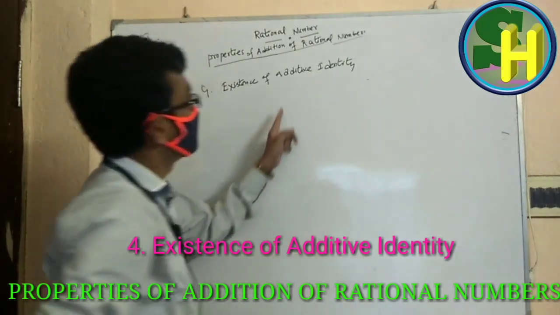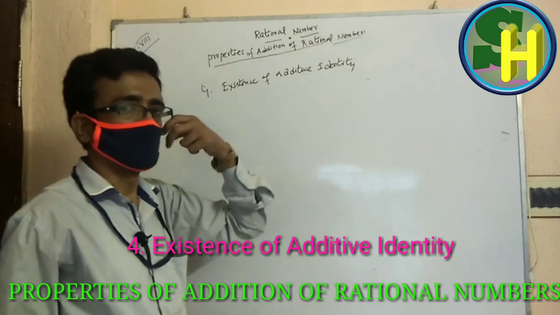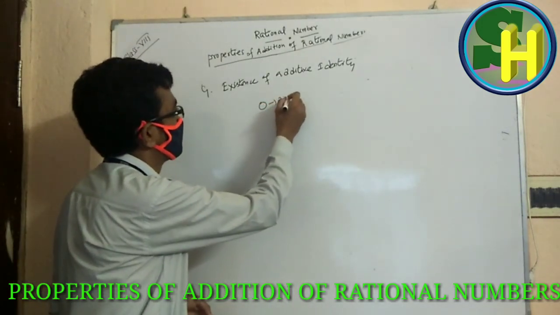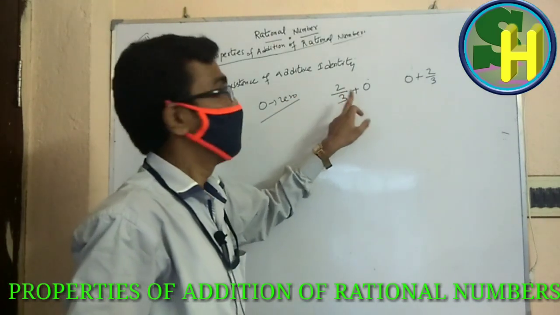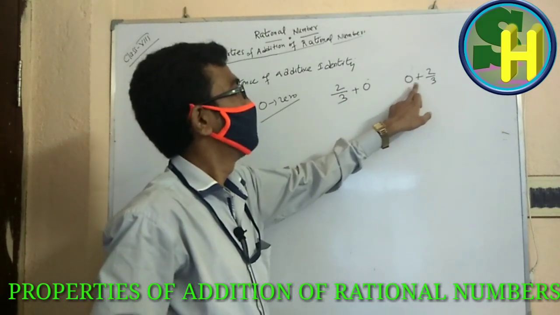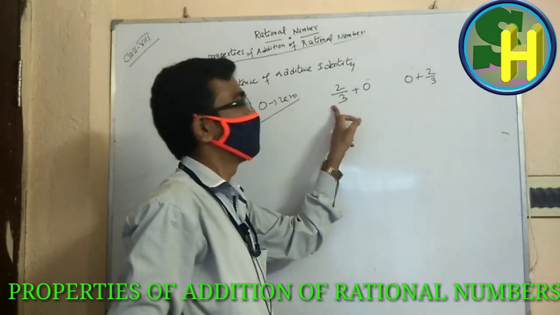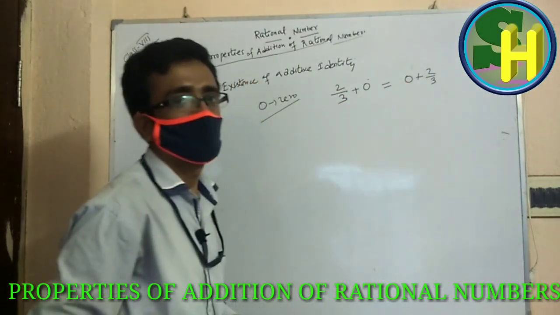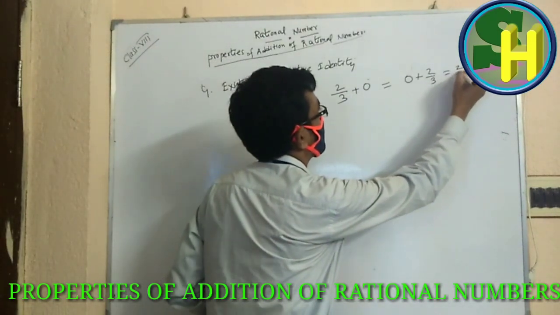Clear? Next is the existence of additive identity, that is the function of 0. Any rational number added to 0, and 0 added to that particular rational number, gives the same value. Take the rational number 2 by 3.